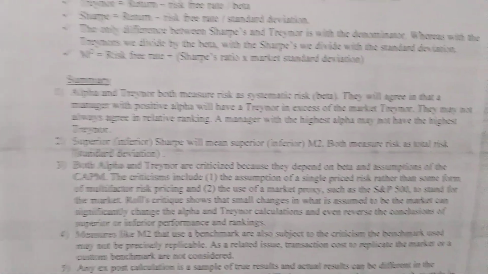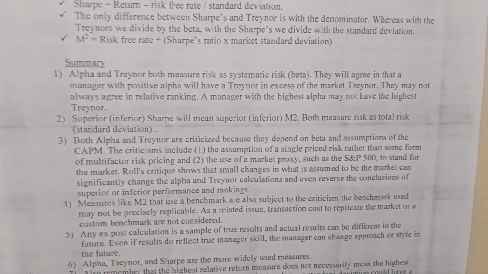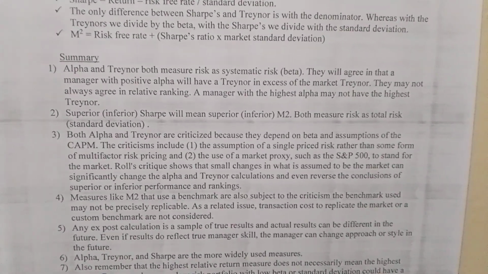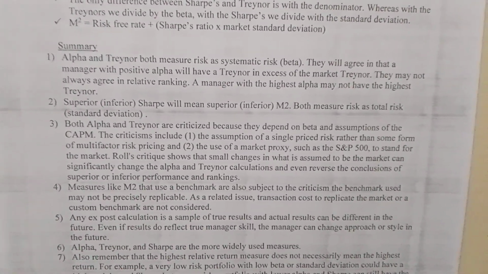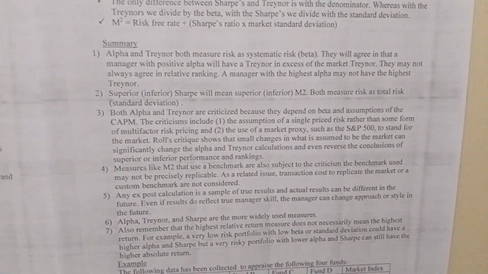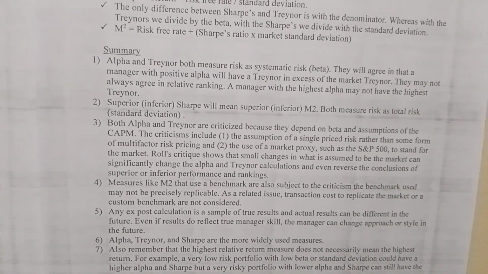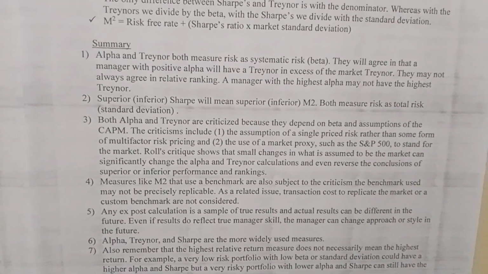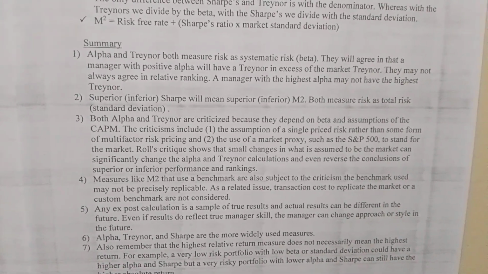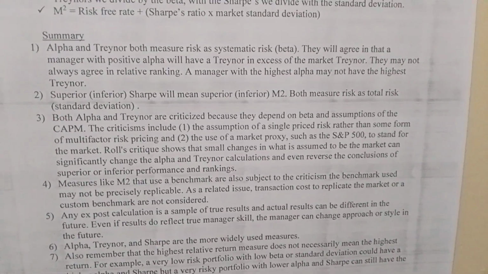Some important notes here concerning the summary of this discussion: alpha and Treynor both measure risk as systematic risk. Remember, the systematic risk is that risk which affects all firms in the business environment, and as such, it cannot be diversified. Beta is used to measure the systematic risk.